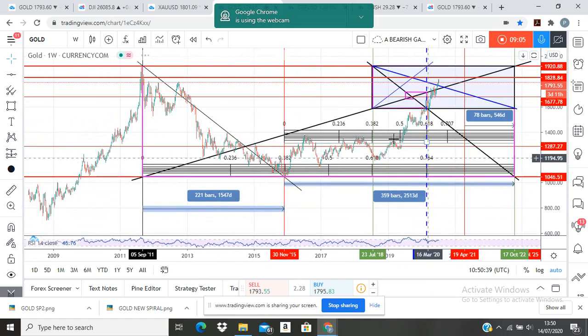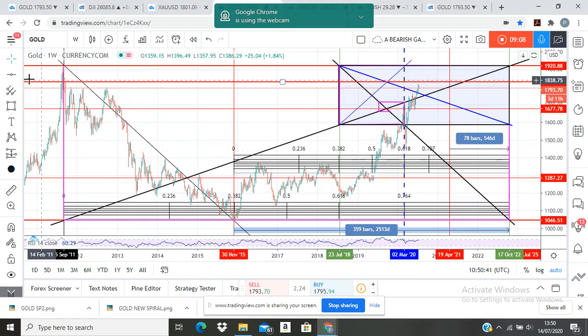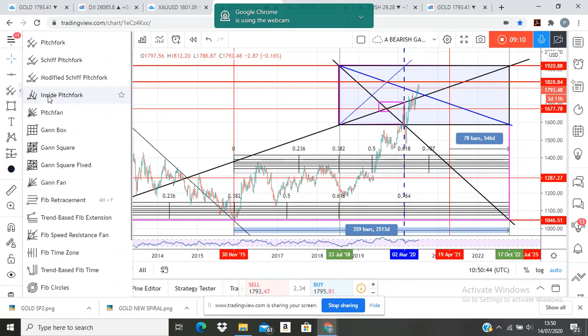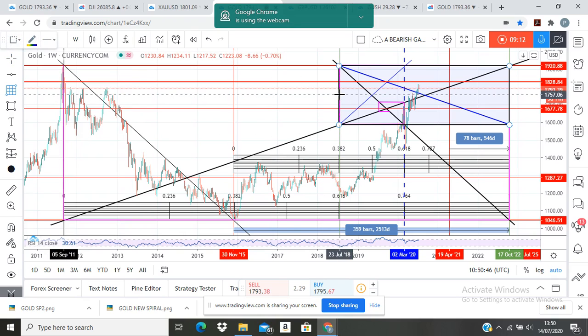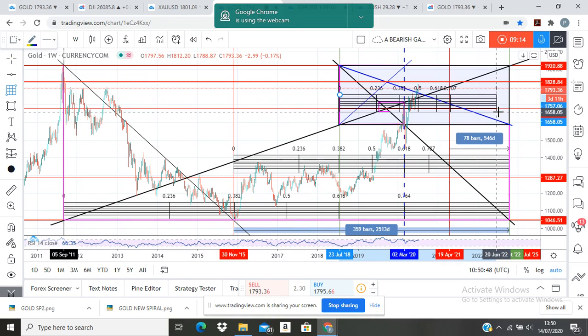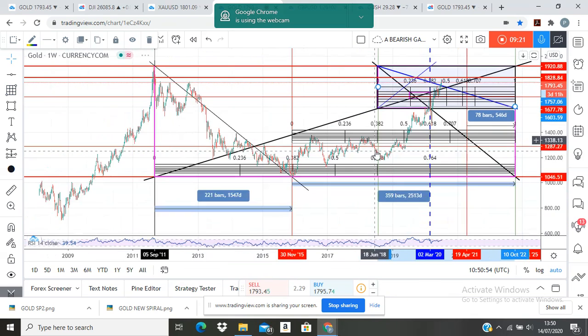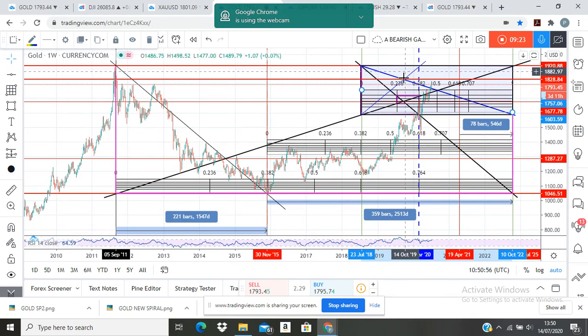Also, if we want to use a gun box again here, then we can put the gun box in this spiral, and we can see the 0.382 level, the 0.618 level, and the 0.764 level aligning perfectly in the individual spirals.